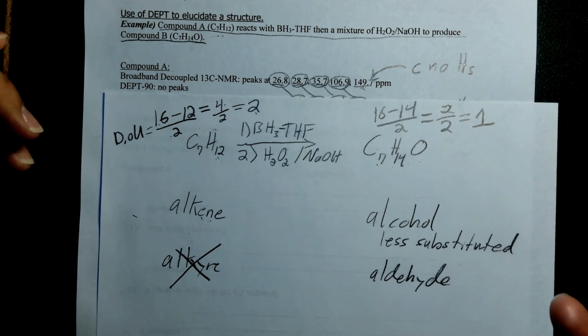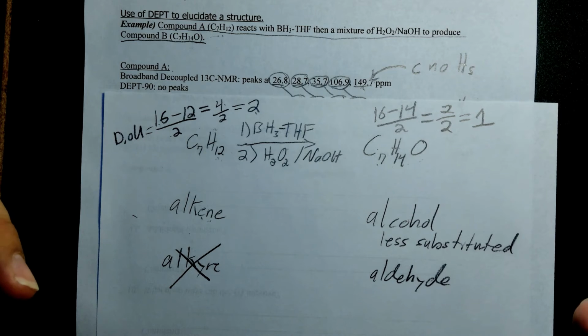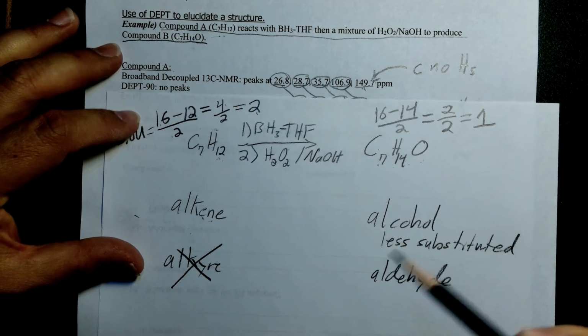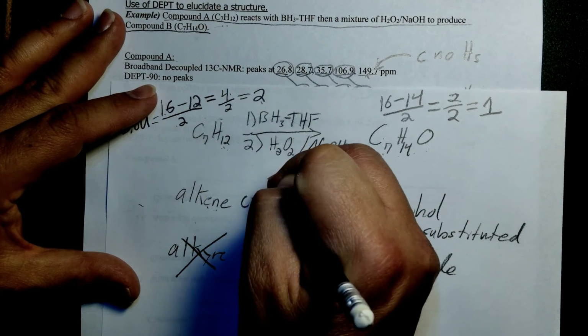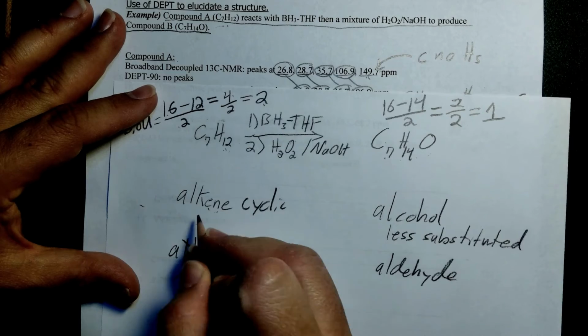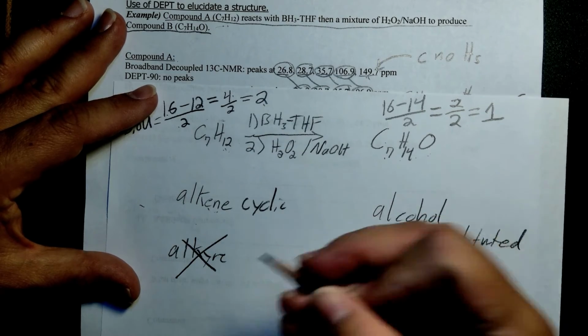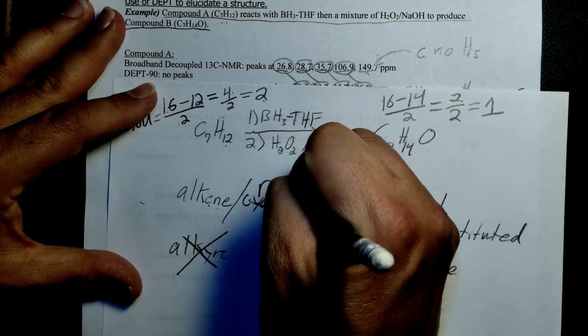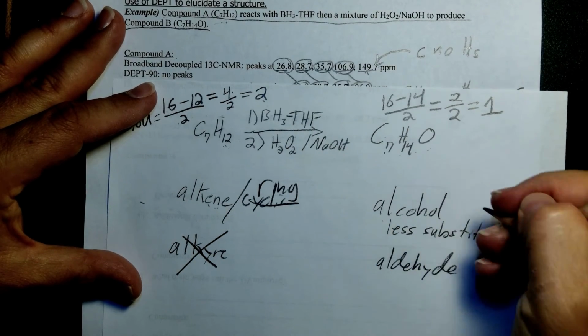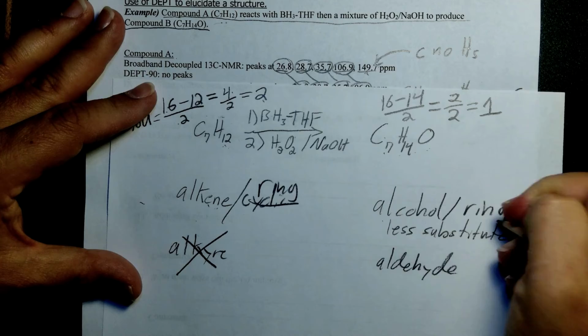So more than likely, this is 1 alkene and 1 ring in our structure, because the ring, which does create a degree of unsaturation, does not react with these reagents. So likely this is a cyclic alkene. Doesn't have to mean the alkene is in the cyclic structure, but just simply there's a ring and an alkene. And it's an alcohol, and the ring would still be there.